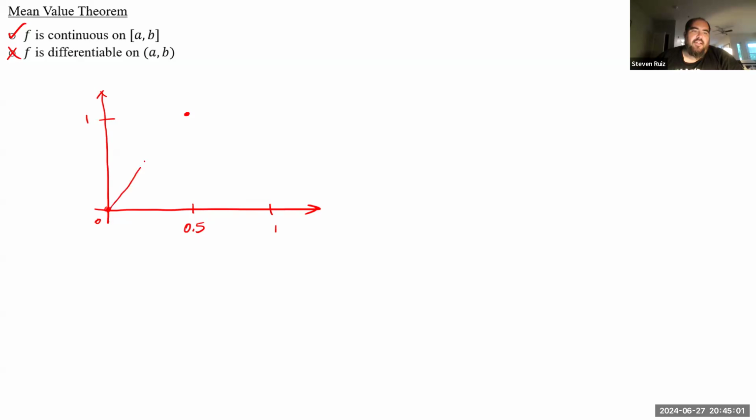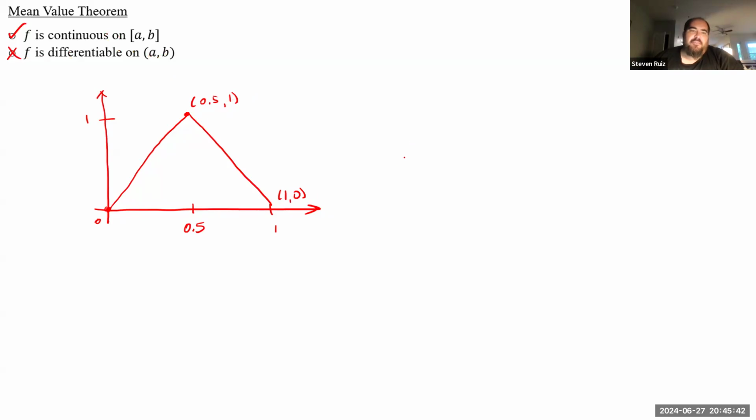So let's say I have a straight line connecting (0, 0) and (0.5, 1), and then another straight line connecting the point (0.5, 1) to (1, 0). So I have continuity, but why don't I have differentiability? Well, at this single point, where there's a hard corner, I do not have differentiability. So I have a function that's differentiable at almost every point except for x equals 0.5.